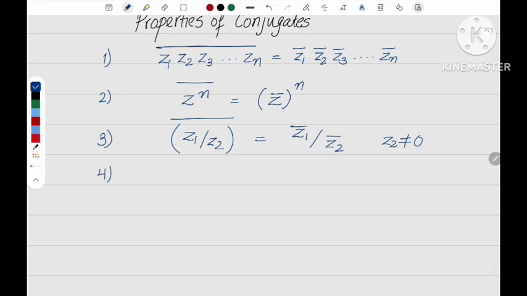Then fourth property, we have seen this in properties of magnitude, but since it is related to conjugate I will write it here again. Mod z square is equal to z z bar.